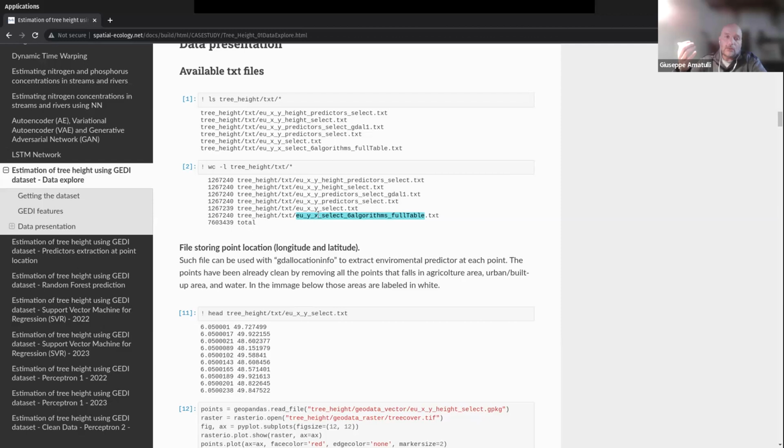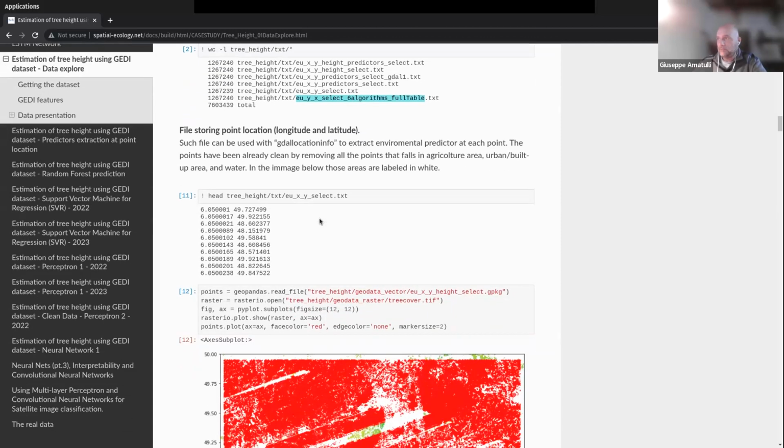So we don't have one algorithm that is giving us the tree height 100% correct. So there too, we have an uncertainty that is going to be taken into account. And the video recording is going to explain very deeply how to use this one also for the estimation.